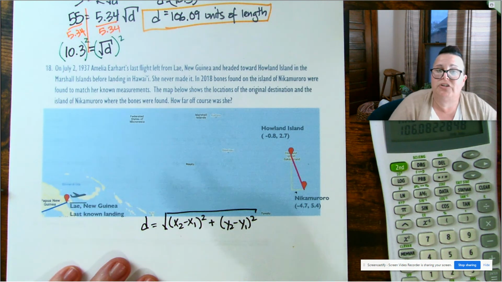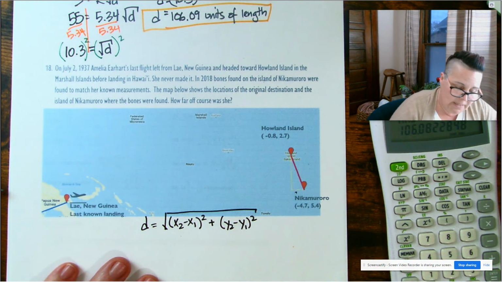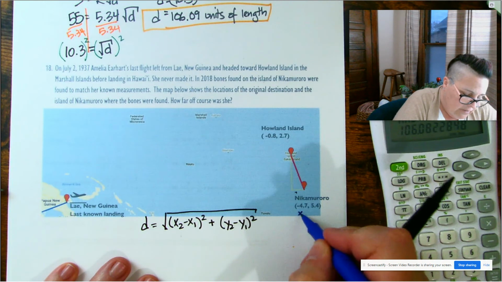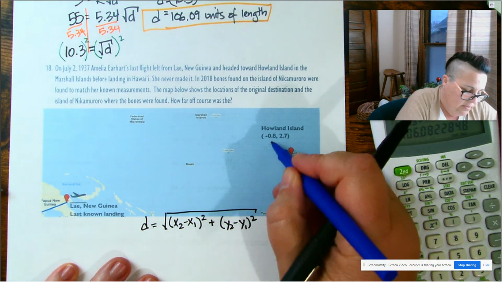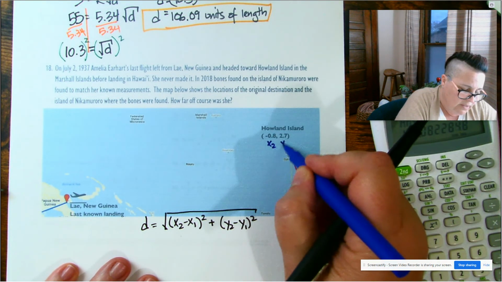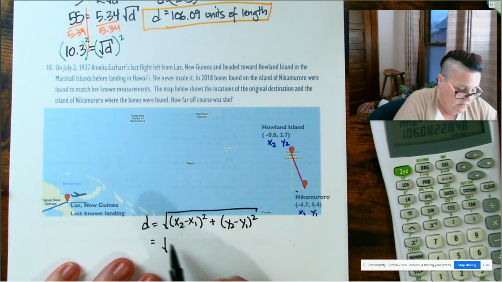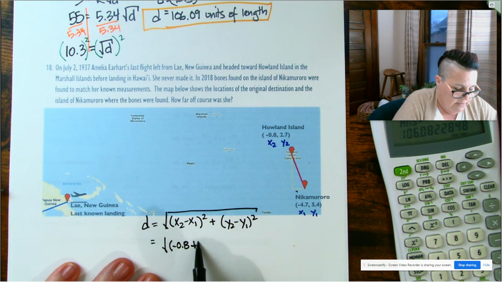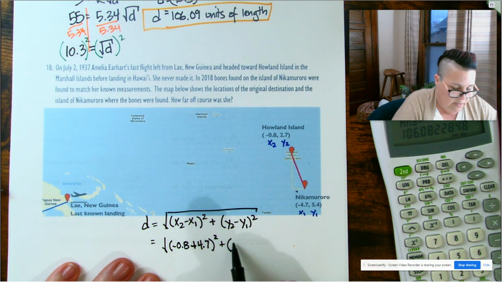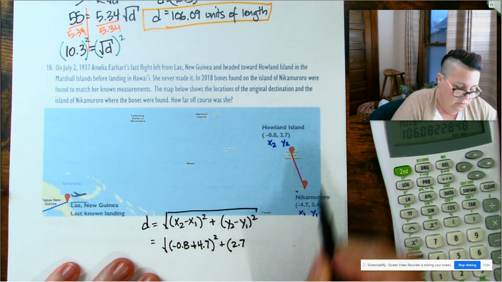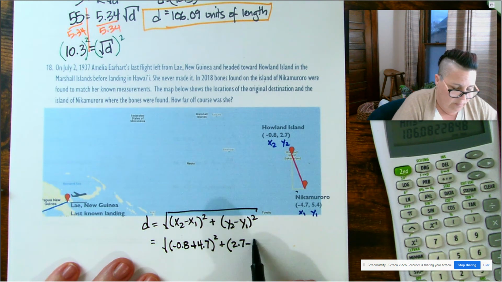Depending upon your positioning, you would use different ones. I'm going to let this be x1, y1, and this be x2, y2. So I'm going to have the square root of a -0.8 minus a -4.7, squared, plus a 2.7, y2, minus 5.4, my y1, squared.